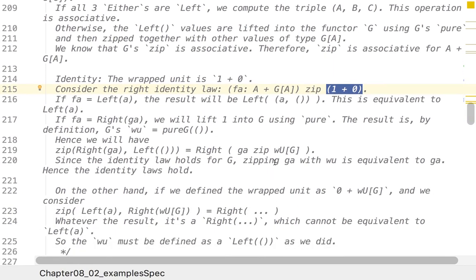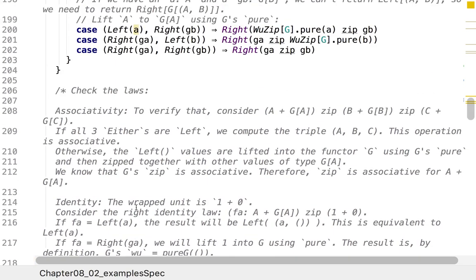Now, if we define the wrapped unit like this instead, then we can see that the identity law will be broken. Here's why. Consider the zip of a left value with this wrapped unit defined as the Right of wrapped unit of G. According to our code, whenever something is on the right, the result is on the right.